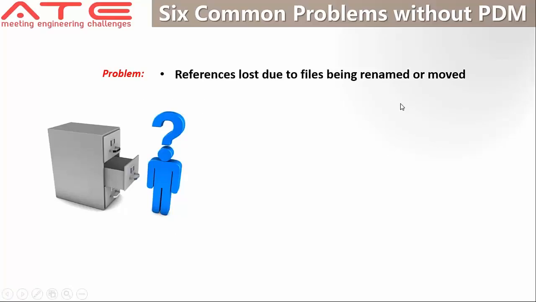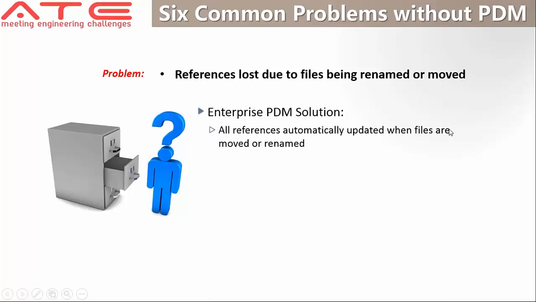So reference loss due to files being renamed or moved. All the references will be automatically updated when files are moved. Usually when you have a 3D CAD software, when you have part, assembly and drawing files, each of these 3 files are related to each other.